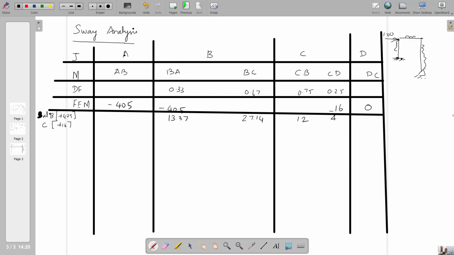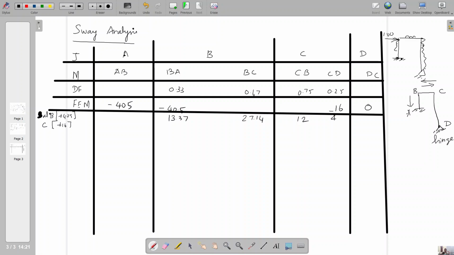Okay. Now consider the distribution carry over, where it is carried over to the nearest joint. So from B to A half of the moment is to be carried over, B to C half of the moment is to be carried over, and C to B half of the moment is to be carried over. C to D we should not carry over the moment because of the hinged support.